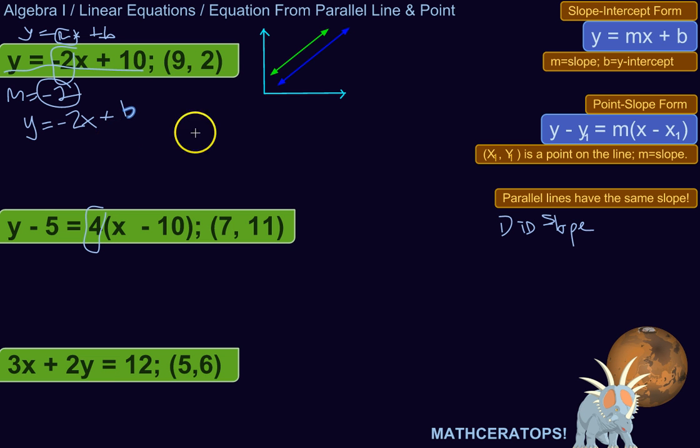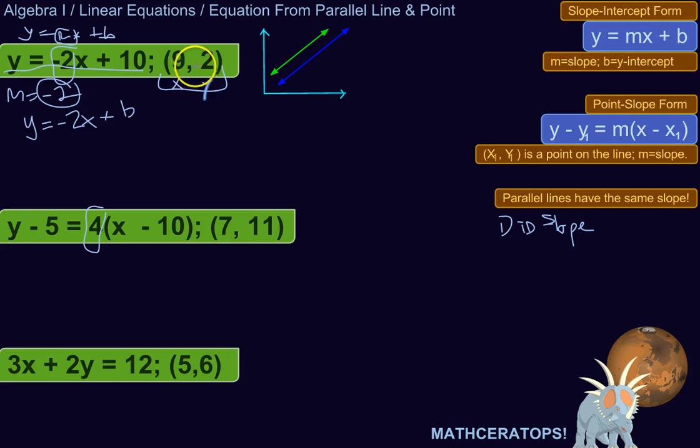Now, I've got some critical information here. I've got an x-coordinate and a y-coordinate of a point that's supposed to be on this line. So I can actually plug in this x and this y, and then all I've got left to solve is that b.